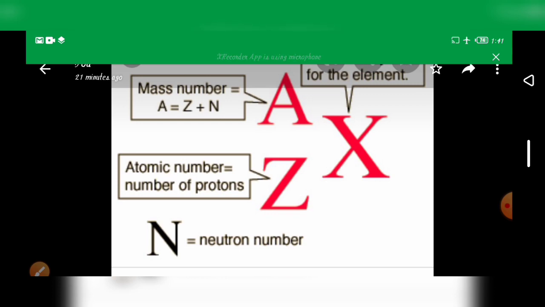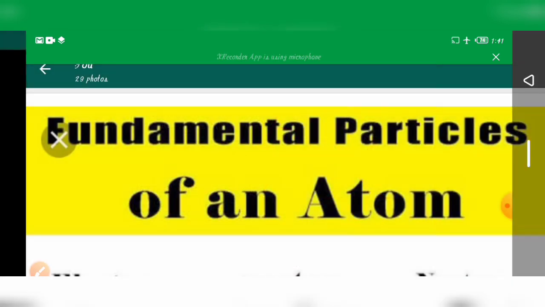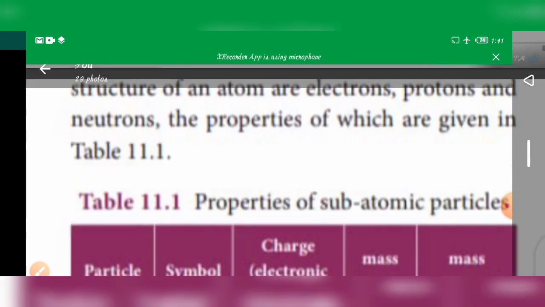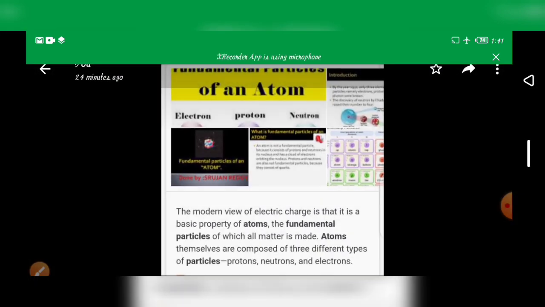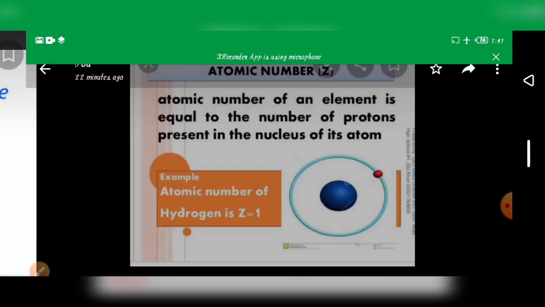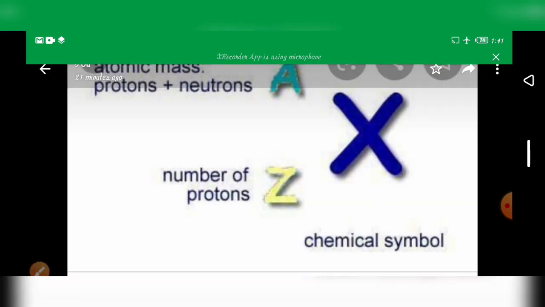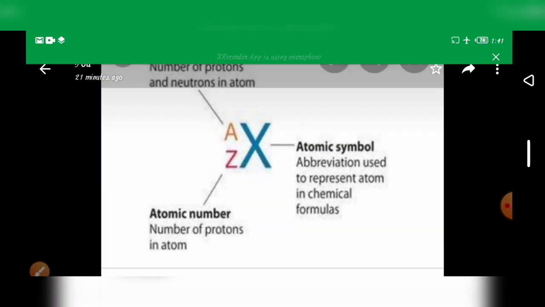The element symbol is X. Again I have given this chemical symbol of an atom. You have to identify these things. The number of protons and neutrons is A and the atomic number is Z.